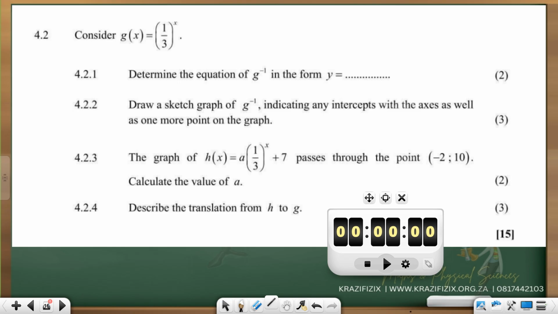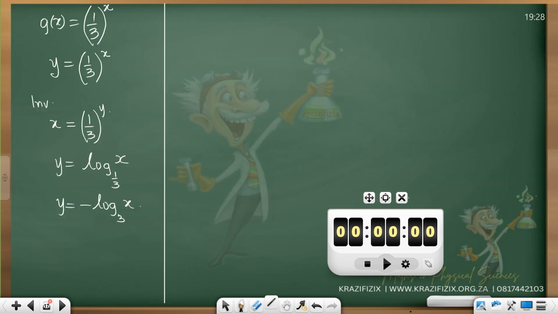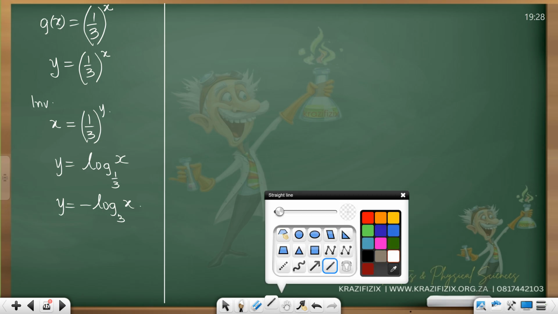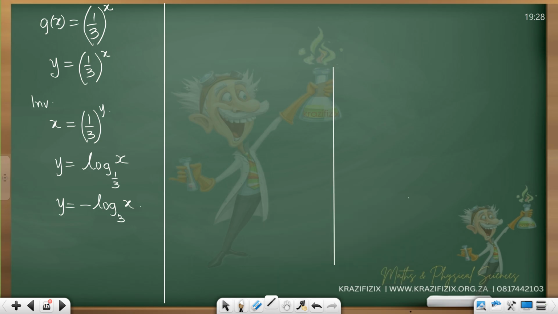What are we told? We are told to draw a graph of the inverse, indicating any intercept with the axis as well as one point. All right, the examiner says draw the inverse. Draw my y, draw my x. Now we want the inverse, so we want to draw this graph.